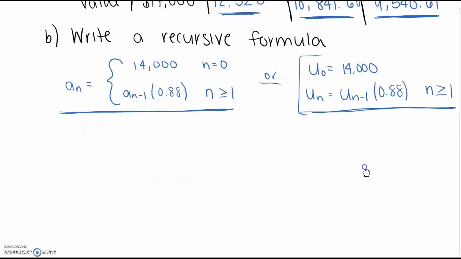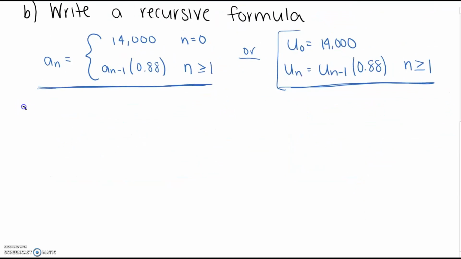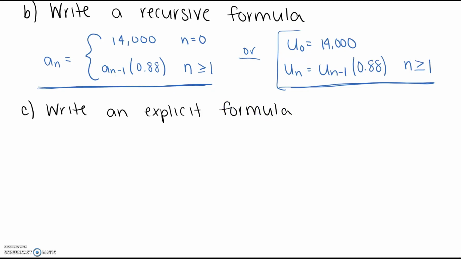All right, C would be write an explicit formula. So the explicit formula, we are now generalizing it, would be a sub n equals a sub 0 times r to the nth power.